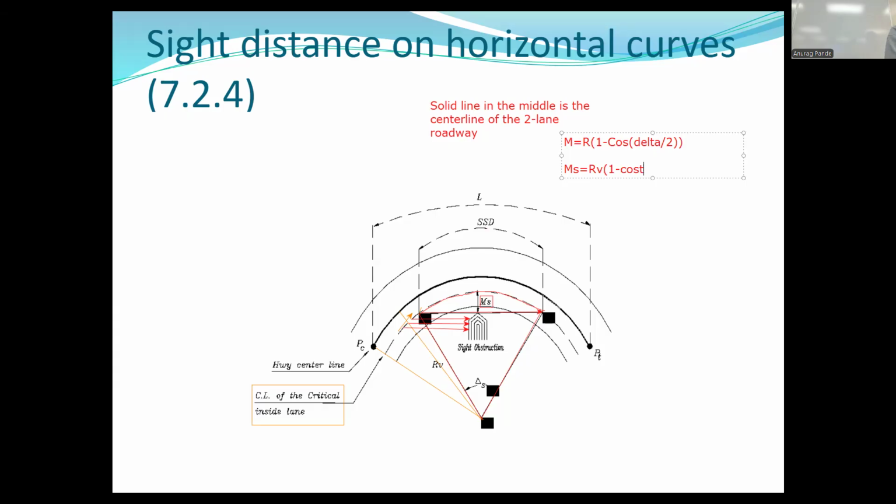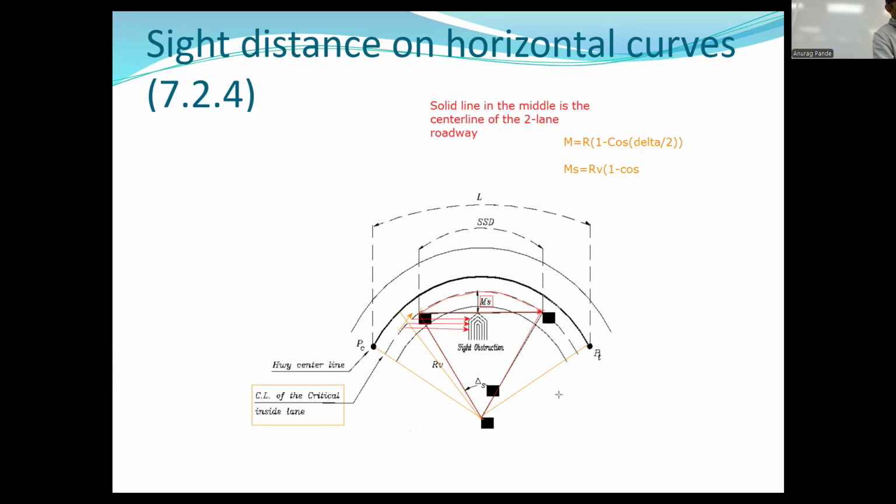And again, I'm not interested in the whole delta angle of the curve, because that delta angle would be from here to here. That would have been my delta in this formula.